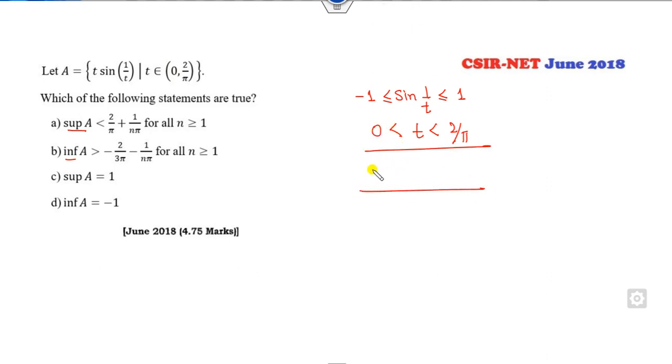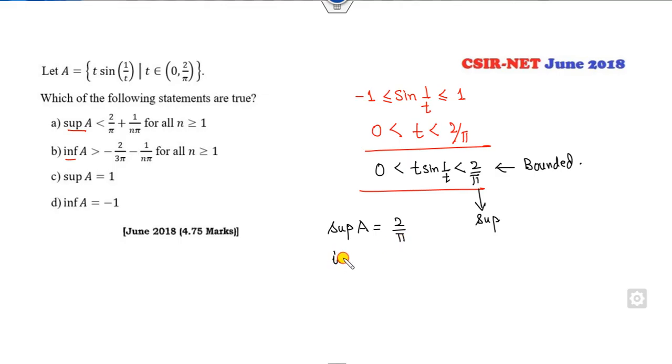If I multiply them, t sine of 1 over t is less than... it is a bounded sequence. Once it's bounded, this gives the supremum. So the supremum of A is 2 over pi, and the infimum of A is 0.